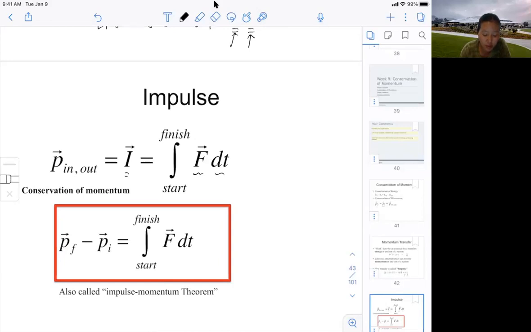So conservation of momentum, taking into account the momentum transfer, is P final minus P initial equals the impulse, the integral of F dt, which is also called the impulse-momentum theorem. But it's not a new thing. It's really just expressing the same idea as momentum conservation. If the momentum of your system changes, that is accounted for by some force applied on the system for some time, and that is the transfer.